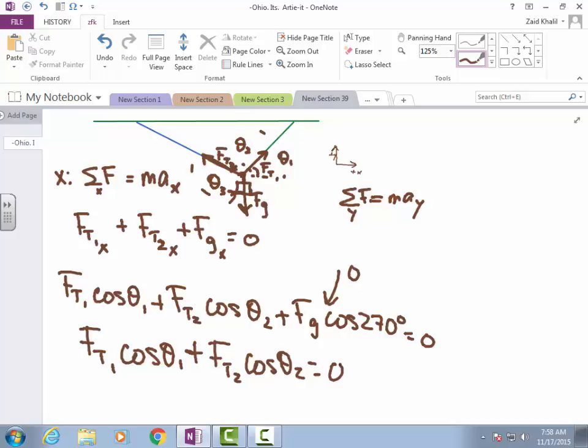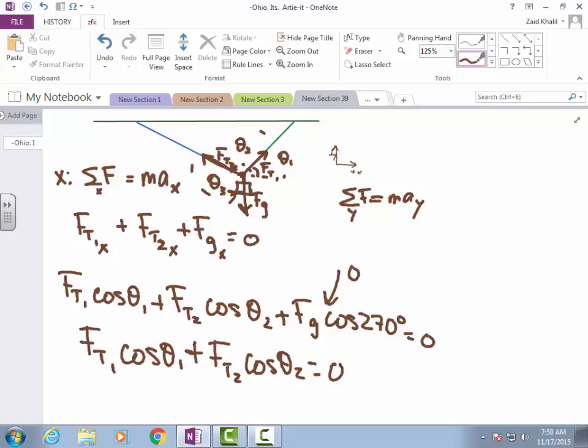The cosine of theta 1 equals what? What is it defined as? Adjacent over hypotenuse. Remember this, because it changes depending on the triangle. So you have to always look at the definition of cosine and sine. The definition of cosine is adjacent side, which is ft1x, over the hypotenuse, which is ft1. So therefore, ft1x equals ft1 cosine theta 1.